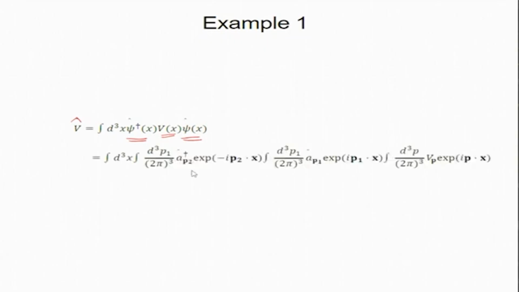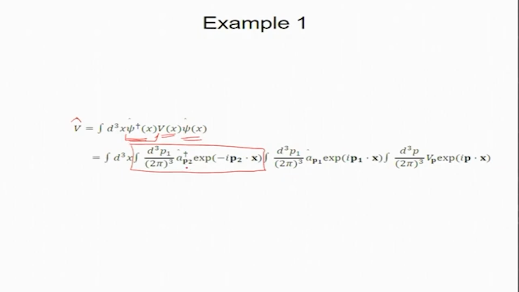So let us rewrite this in Fourier momentum space. You just have to see this line, it looks complicated, but it is not. So psi dagger x, I am just writing this part in Fourier space. What is psi dagger in Fourier space?